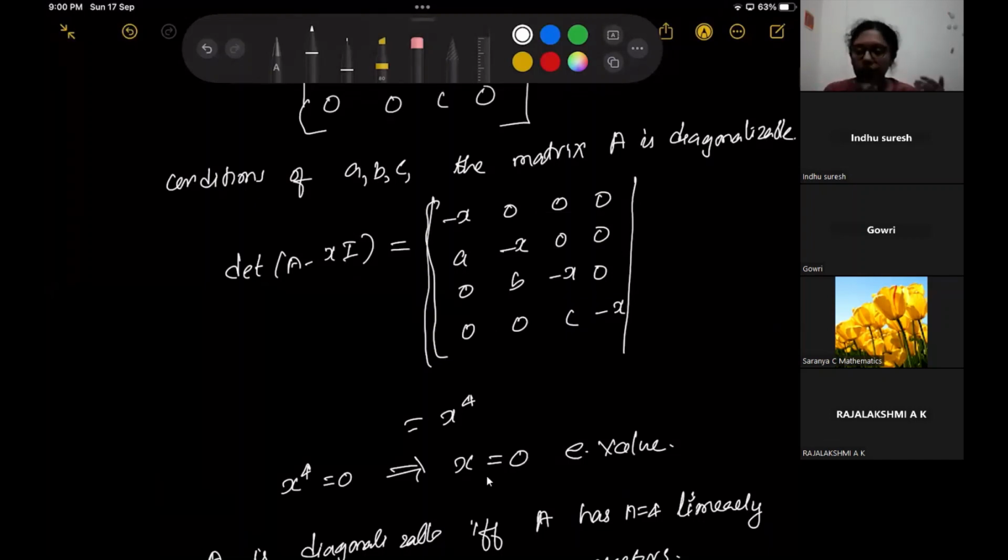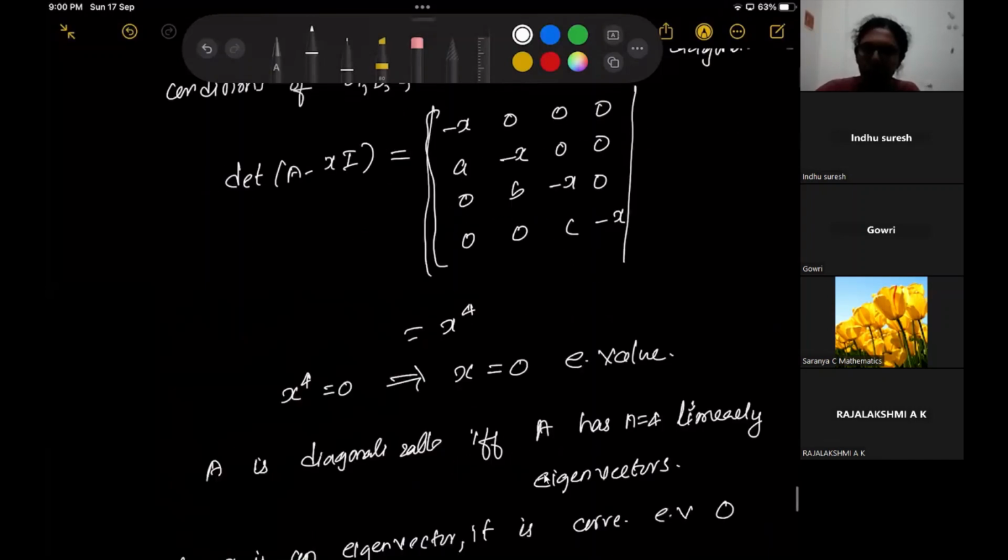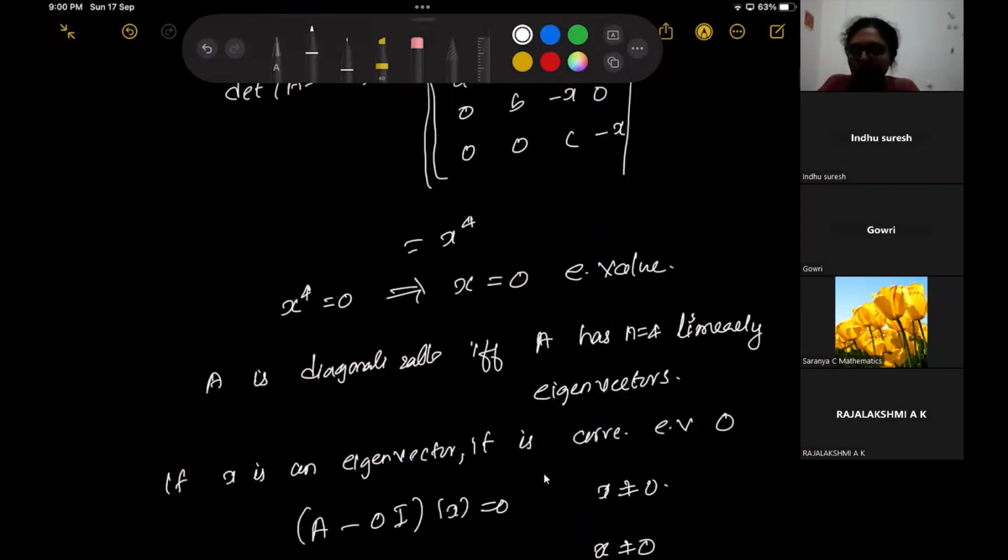Whatever eigenvector we take, it will correspond to this eigenvalue because we have only one eigenvalue. Now, A is diagonalizable if and only if A has 4 linearly independent eigenvectors, since the dimension of A is 4.